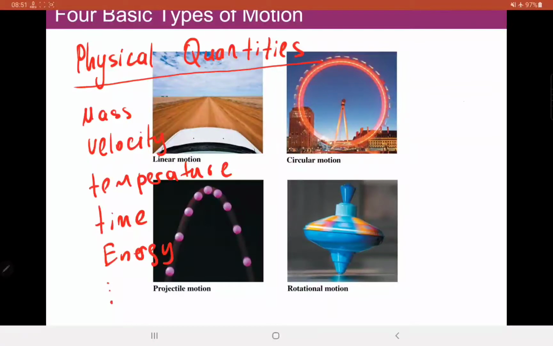There's so many, and so on. We call it simply physical quantities, and all these physical quantities can be divided into main groups.